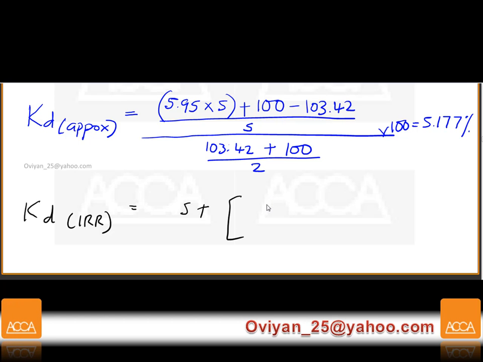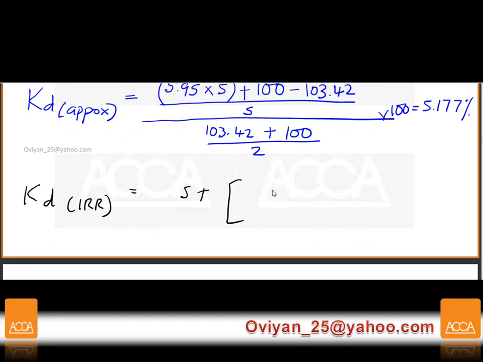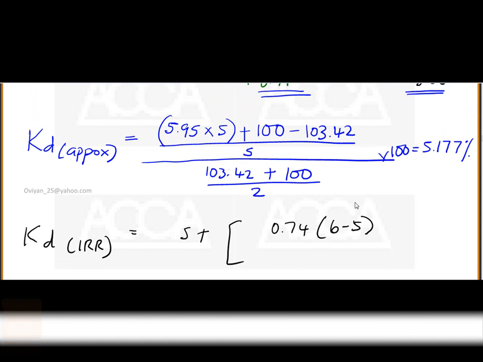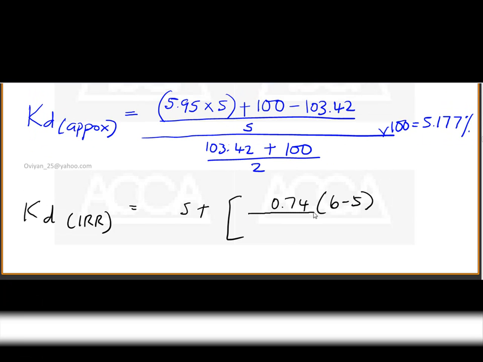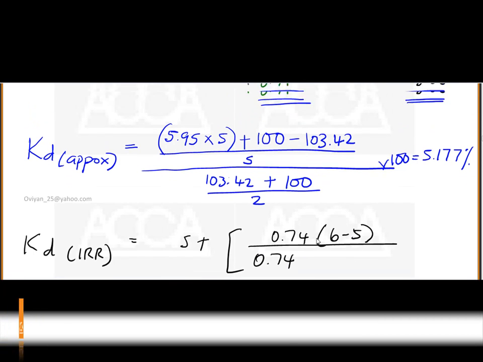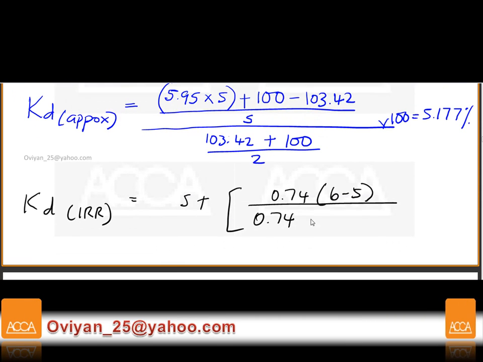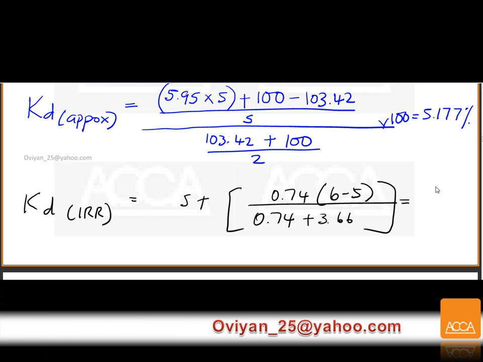Small rate NPV is 0.74 positive, then you're going to get 6 minus 5, which is the bigger rate minus the smaller rate, and then divided by 0.74 minus minus 3.66. In school they teach you plus, so you're going to add 3.66. There you go. Press your calculators and you should get an answer.